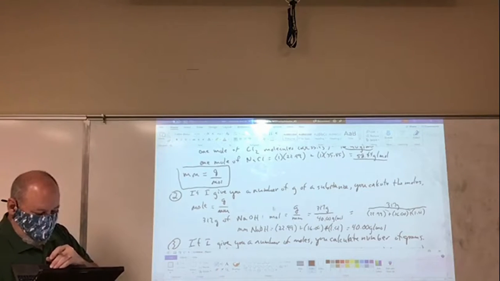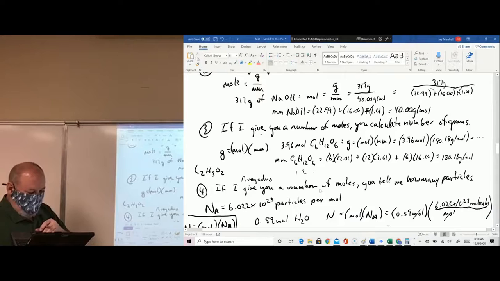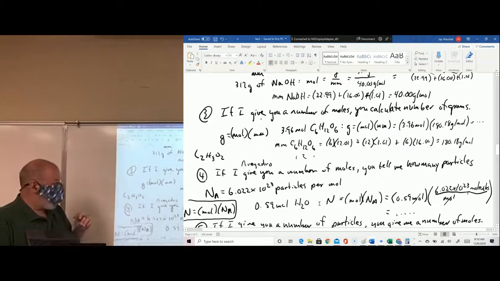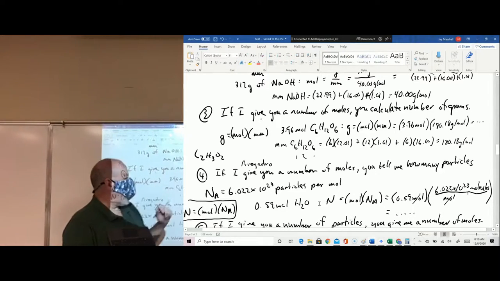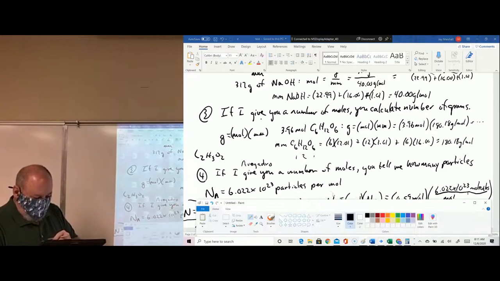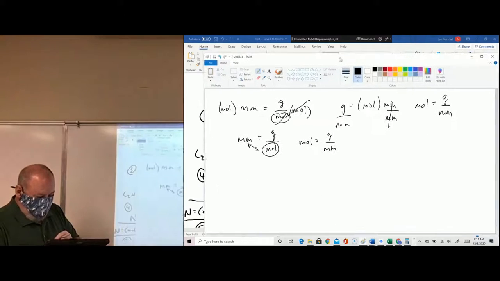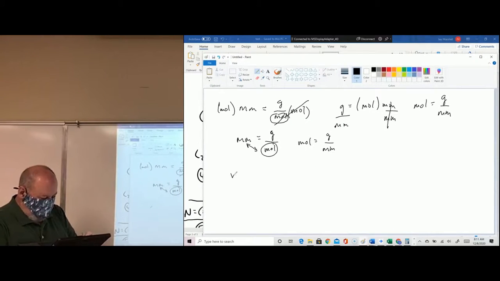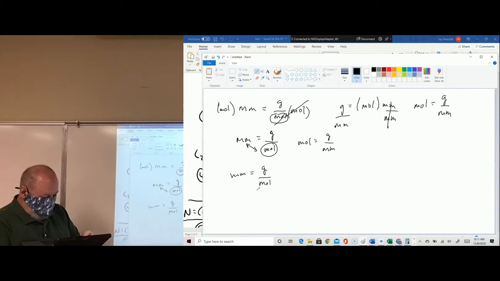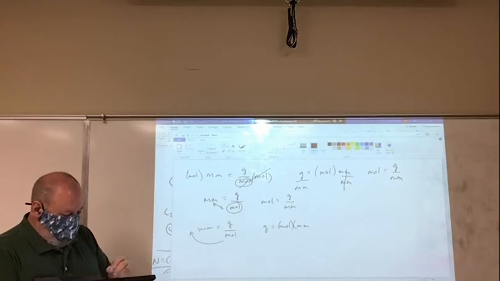And then we said, if I give you a number of moles, you calculate the number of grams. And once again, you would have to know how to get from molar mass equals grams per mole. And this time, this is a lot easier. All you have to do is multiply both sides of the equation by moles, and that gives you grams equals moles times molar mass.